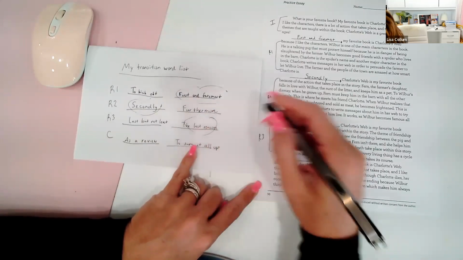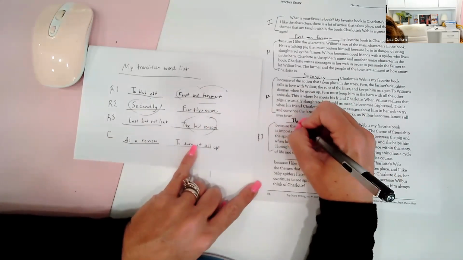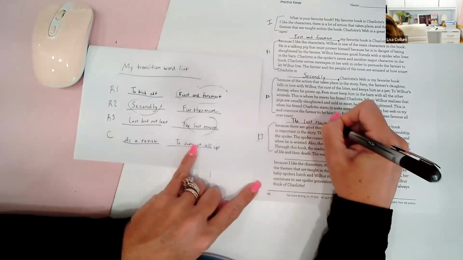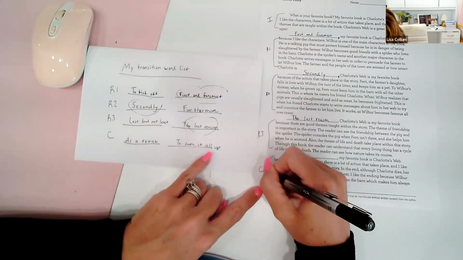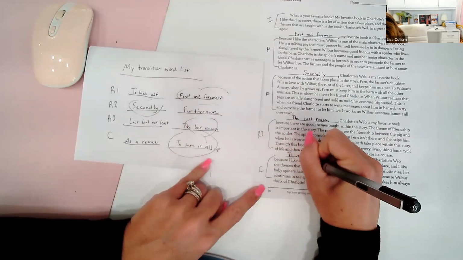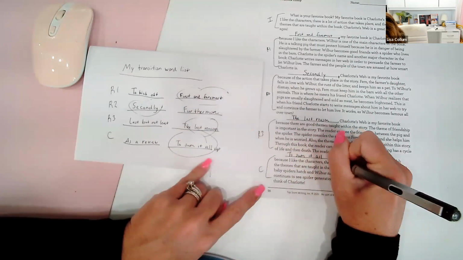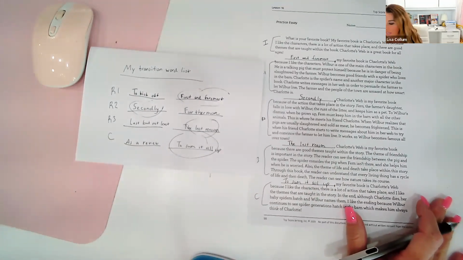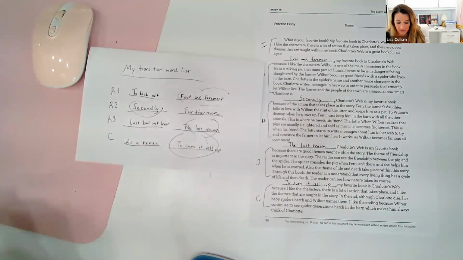I think I'm going to use the last reason. And then for my conclusion, I'm going to say to sum it all up. All right. And so it just helps you narrow down what transition words that you want to use.